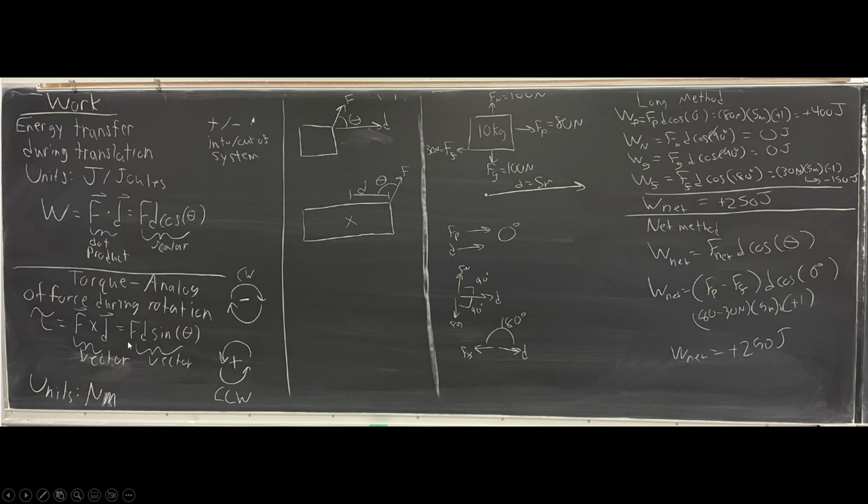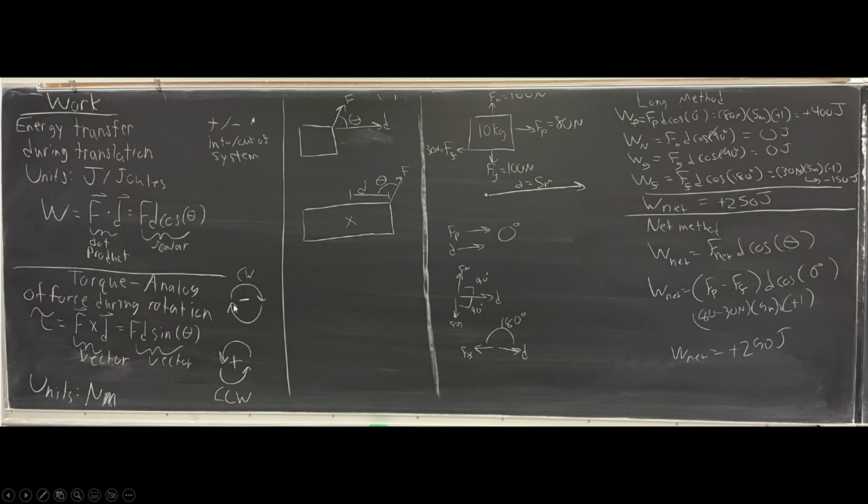And even though we still have force times distance, we are going to use for torque the units Newton meters. Even though in work a Newton times a meter gives us a joule, that is dealing with energy. When we're dealing with torque, we're using units of Newton meters. Now, because torque is a vector, we could have a negative torque or a positive torque that does mean some direction.